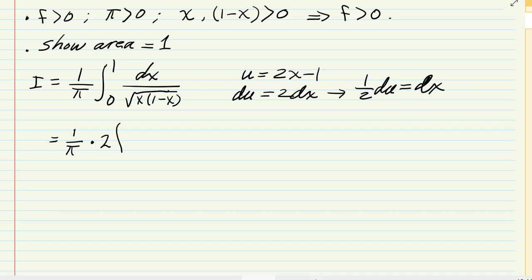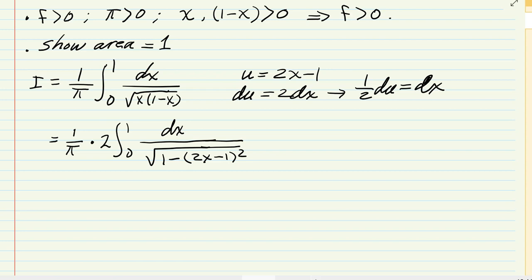It's going to be 2 times the integral from 0 to 1 of dx over the square root of 1 minus (2x minus 1) quantity squared. Again, I'm skipping the details so the video won't be too long, but I will put a link to the video where I have shown this.